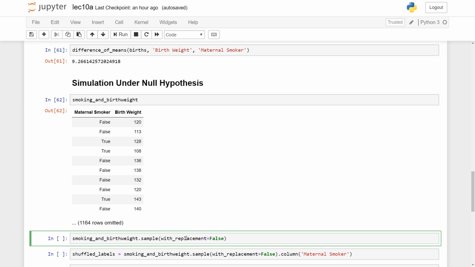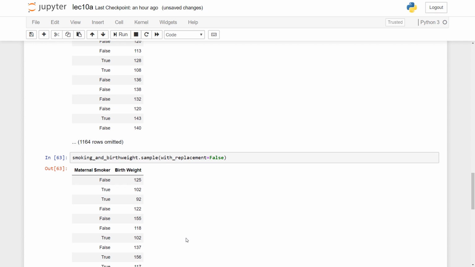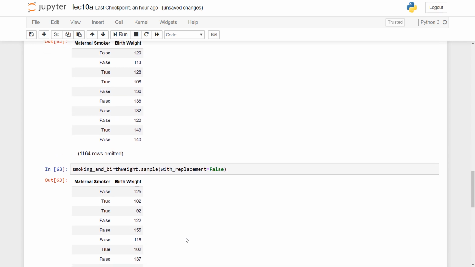So let's try to do that once. You will see that the shuffling happened. The rows of the table now are different from those. It's just like shuffling the entire table.